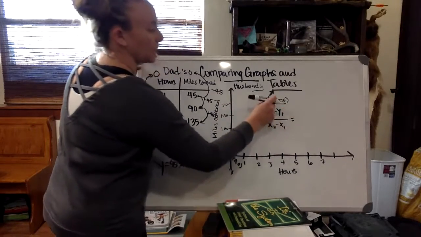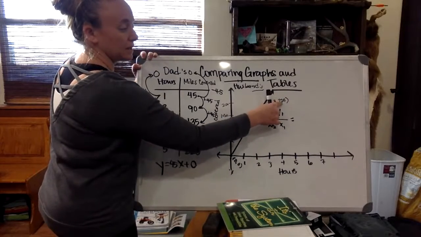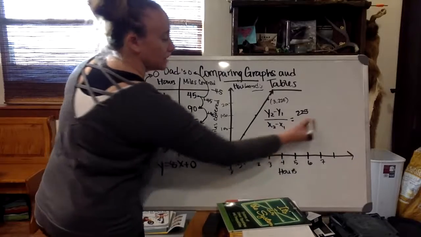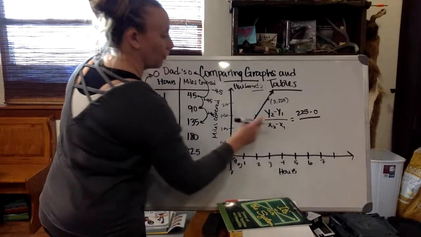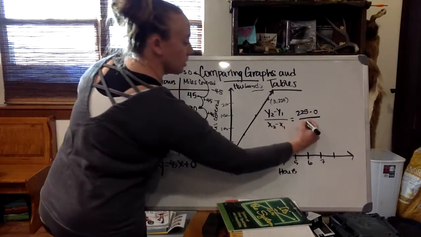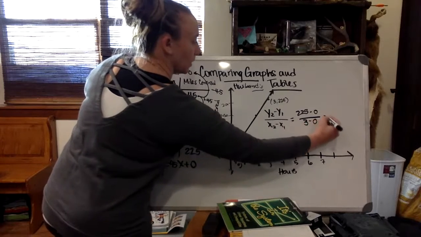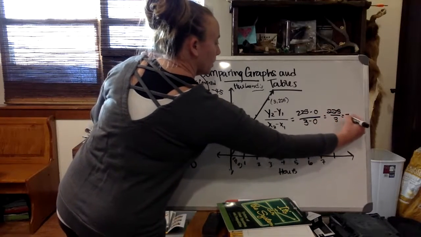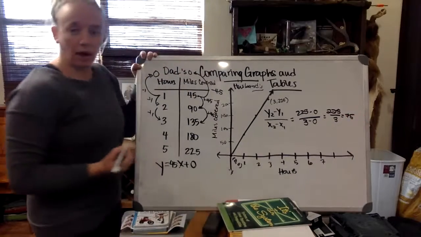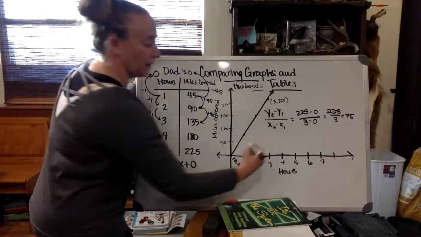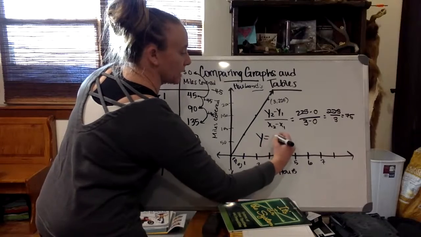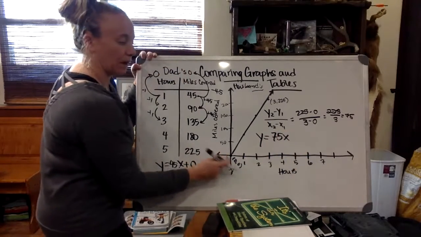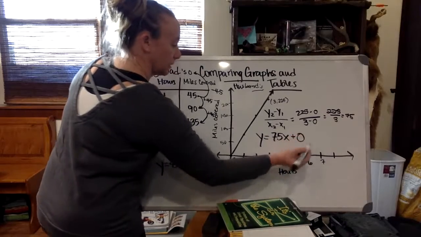I'm going to use this as my second point, so y2, 225, minus 0 over 3, my x2, minus 0, and I get 225 over 3, or 75. So my slope here with y equals mx plus b is y equals 75x. My y-intercept is 0 plus 0.